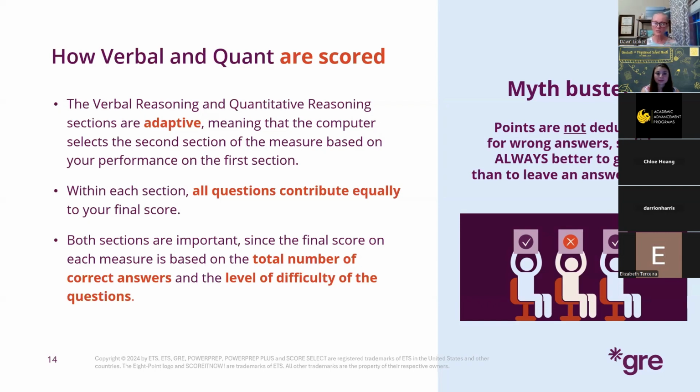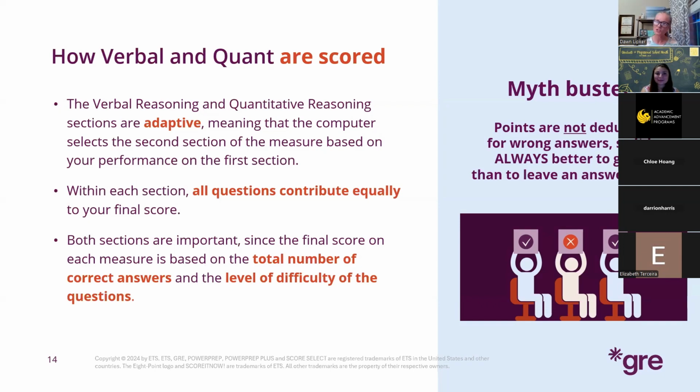Now, I do have a little myth buster here for you as well, because some people just don't know this when they go into it. And that is, there's no points deducted if you get a question incorrect. So if you just come across a question that you're so stumped on, I'm lost, and the time is clicking, and you're running out of time, don't leave it blank, because blank would mean you can't get any points for it.